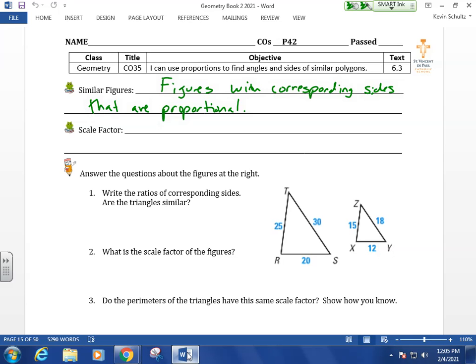And a scale factor is how much bigger or smaller one figure is compared to the other.